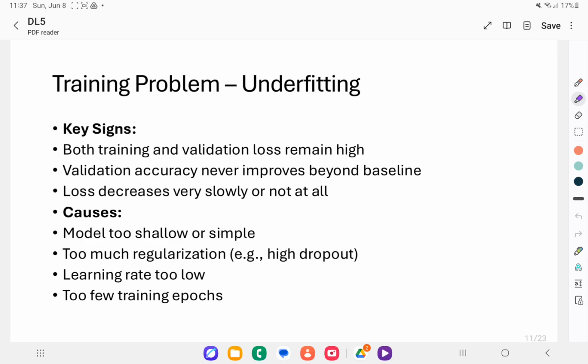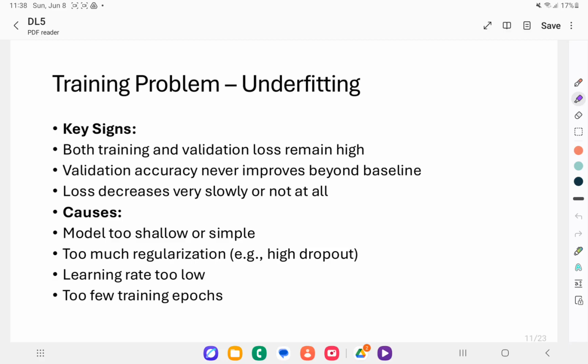This often happens when your model is too small, too regularized, as we've said, or simply too simple. Sometimes even when the training is not long enough, let's say you don't wait for enough epochs, that may also lead to underfitting.